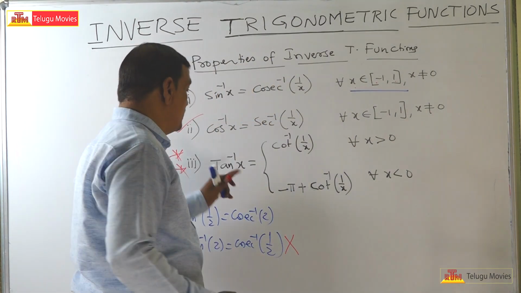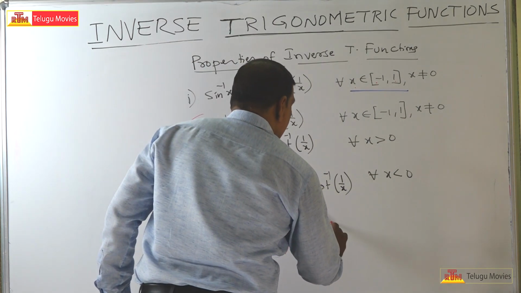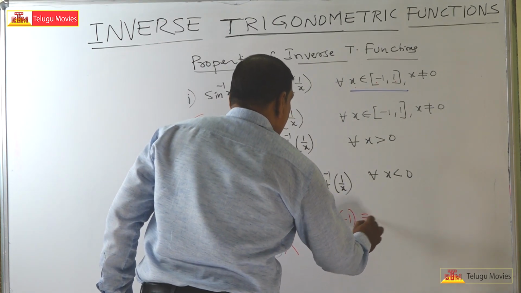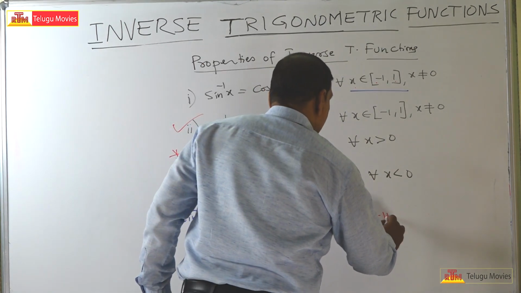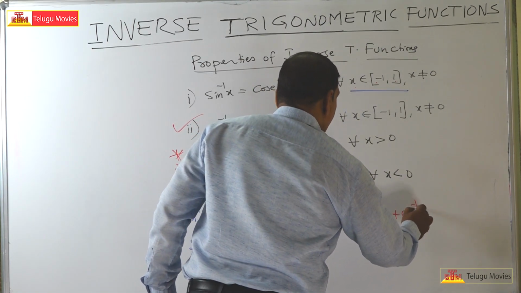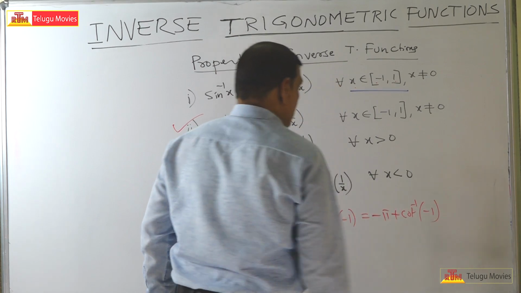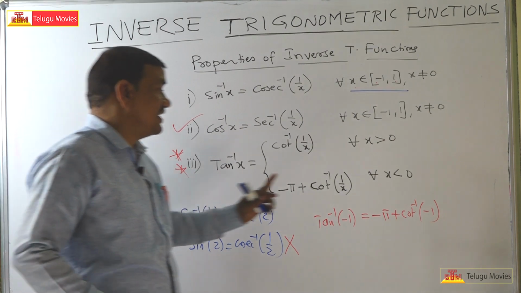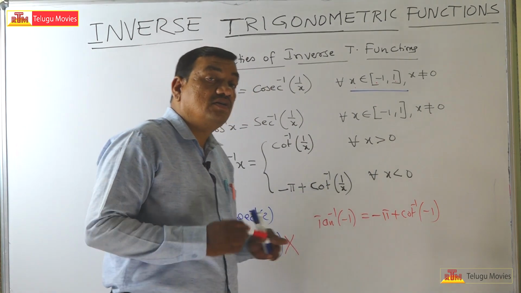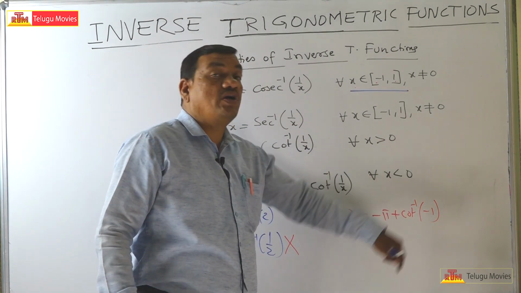Whereas, tan inverse of x is equal to minus pi plus cot inverse of 1 by x for all x less than 0. That means, if it is given tan inverse of -1, this is equal to minus pi plus cot inverse of 1 by -1. Understand this? If x is less than 0, that is -1, then it is minus pi plus cot inverse of -1.